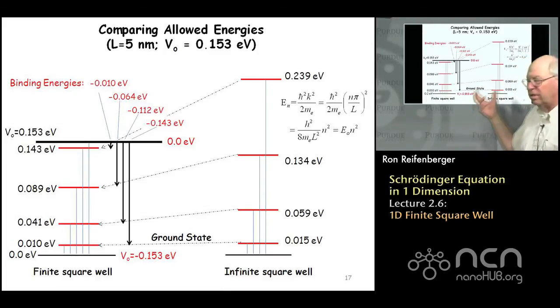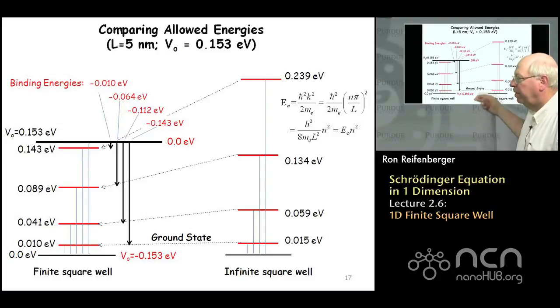And it's a very interesting comparison. These are the results for the infinite square well using these parameters. These are the results for the finite square well. You can see that the shift at the lowest ground state energy is very small, but by the time you get up to the fourth energy level, there's quite a large shift in energy.